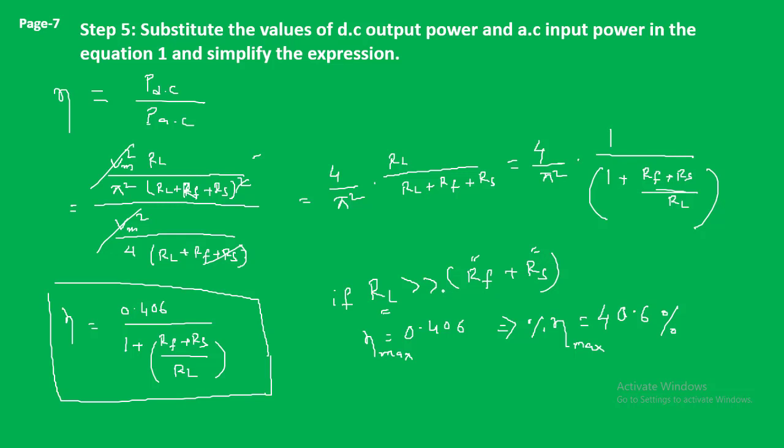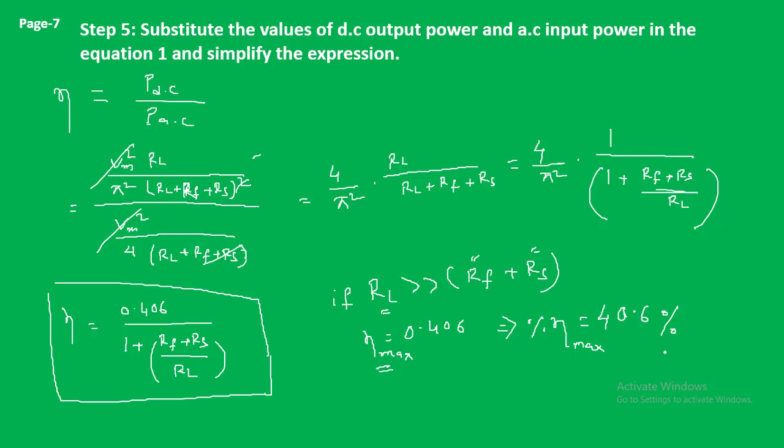So if we consider this, then this term will tend towards 0. We can ignore it and we will be left with eta equal to 0.406. What we name as eta max for a half wave rectifier, the maximum efficiency, can be 0.406, or if we convert it to percentage, 40.6% efficiency.